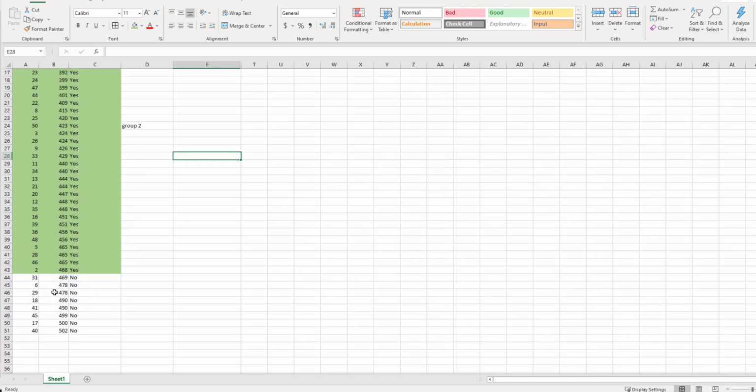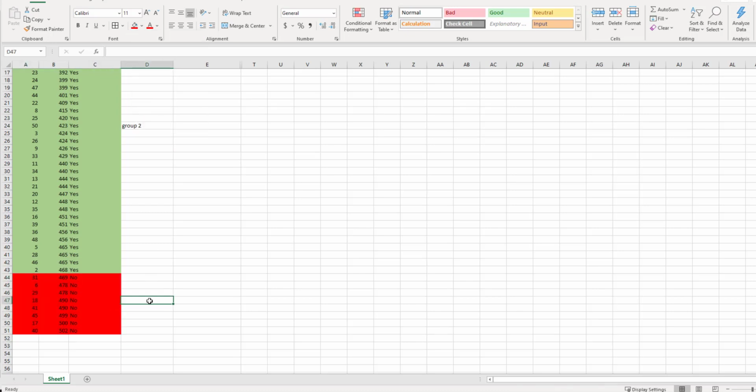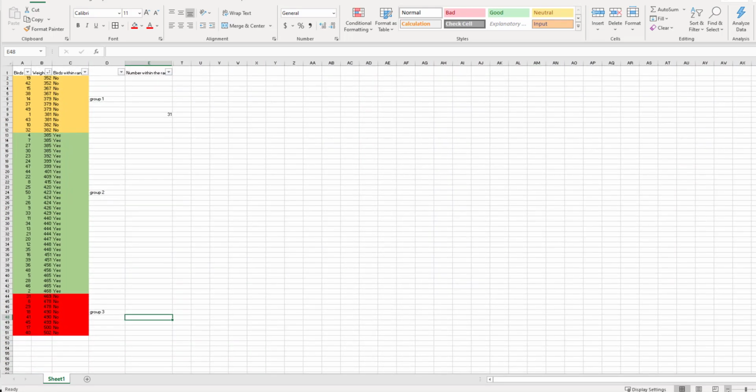I'm highlighting them with green, and birds from row 44 to row 51 are group 3, which are also the largest birds. I'm highlighting them with red, and you also have to house these birds in a separate pen. So this is how it will look.